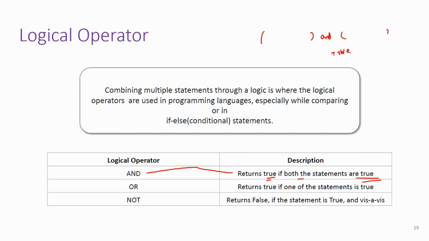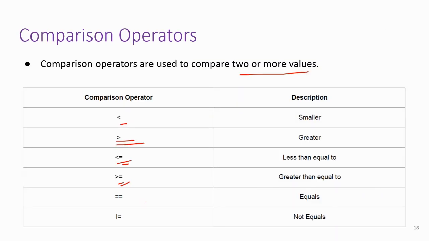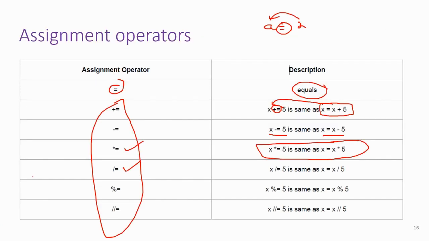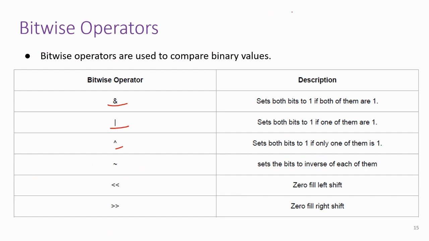For example, if A is greater than 2 and B is less than 1, and this condition is satisfied, then this will return a true value. Similarly, you can use or and not also. We will see the application later. But in the bitwise case, the operation is between binary values, not the ordinary values.